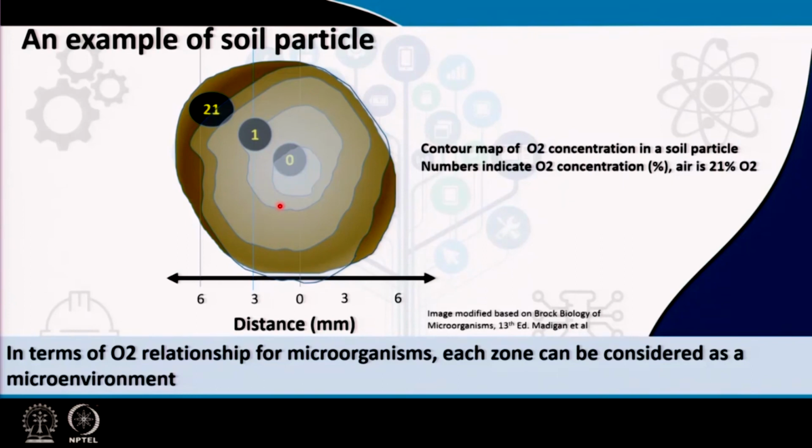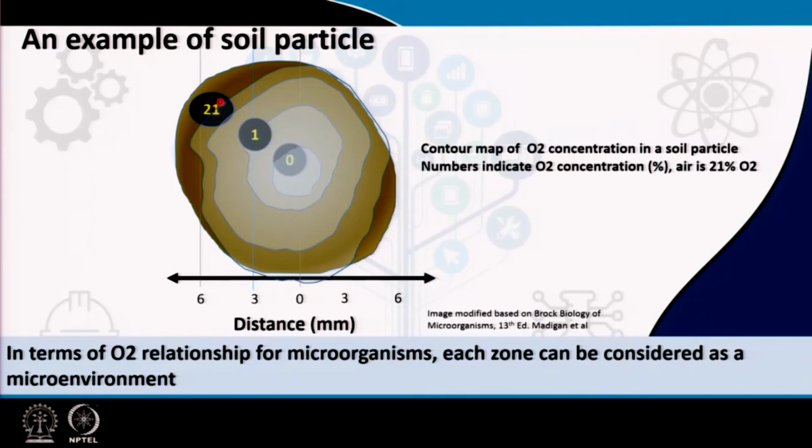Now, if we are able to measure the oxygen concentration within the soil particle, we will be able to see that the exterior of the particle will have almost the equal concentration, that is 21%, which is equivalent to the concentration of oxygen in the air. So, the external periphery of the soil particle will be almost in equilibrium, it will have 21 or 20% oxygen.